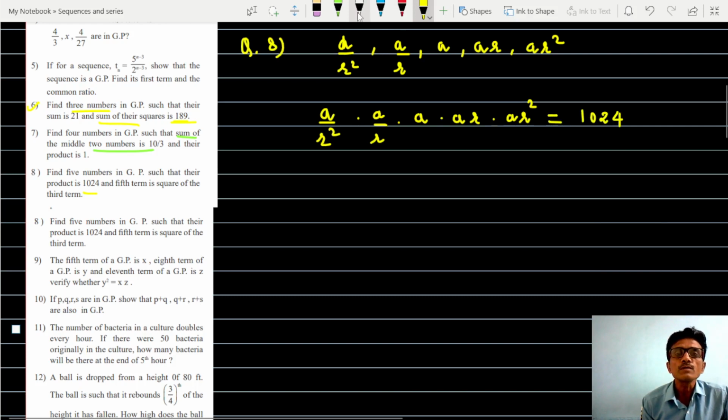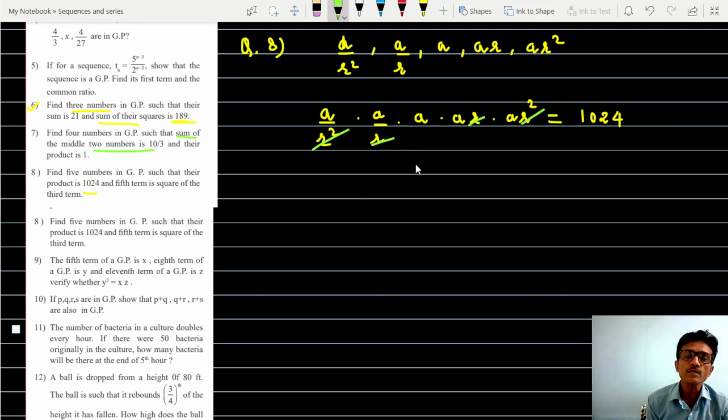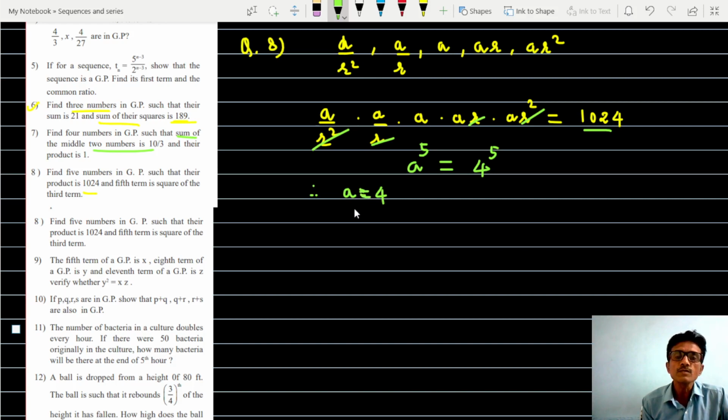Now here this r square is getting cancelled with this, r is getting cancelled with this, and finally you are getting a raised to power how much? 5, and this is 2 raised to power 10, that means 4 raised to power 5, that means 1024. Therefore what did you infer? A is equal to what?